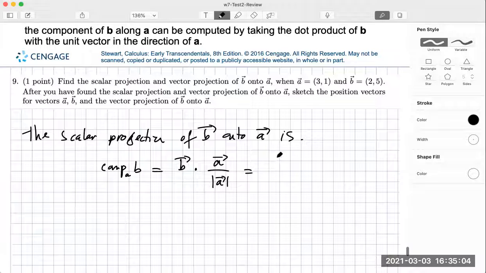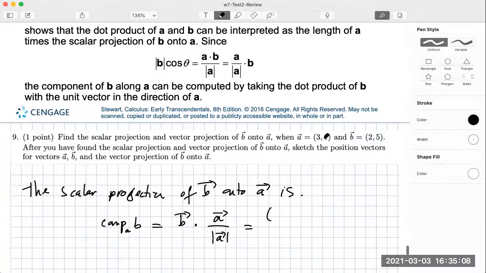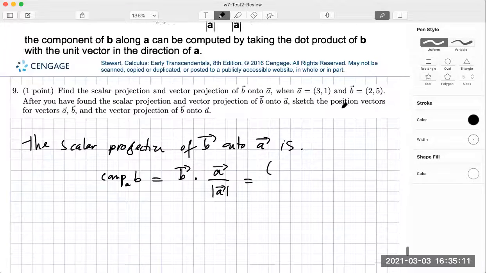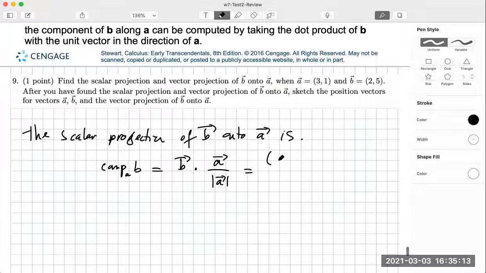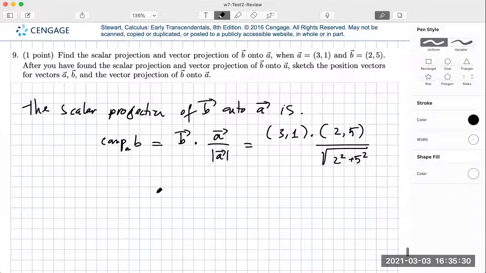Or we can write it as, it is 2D, it's true in 2D as well. It will be (3, 1) times (2, 5) divided by the magnitude of this guy in 2D, which is the square root of 2 squared plus 5 squared, right?